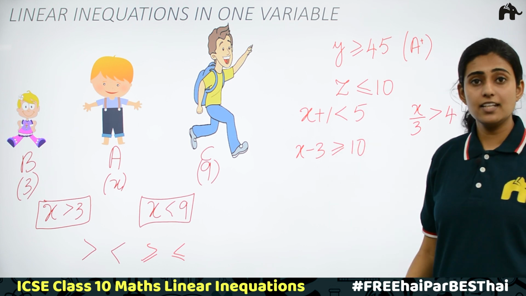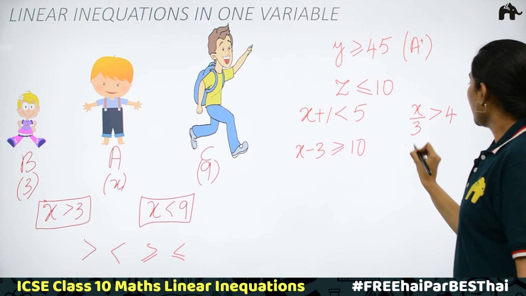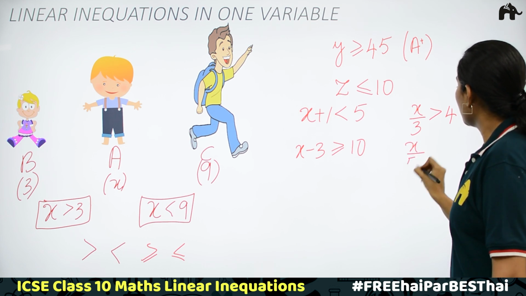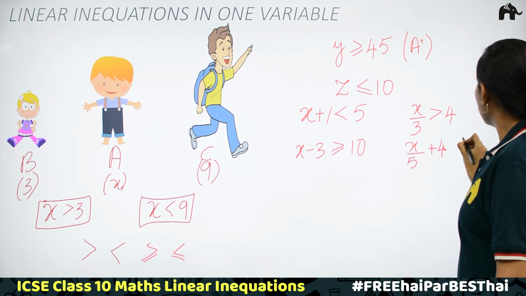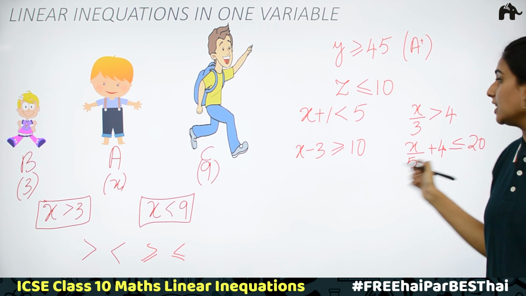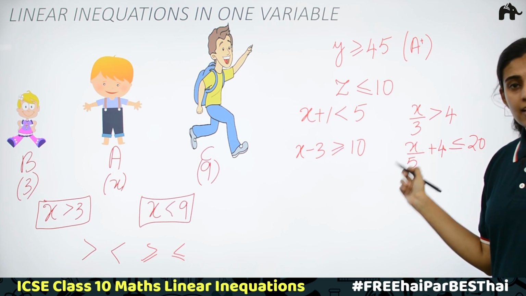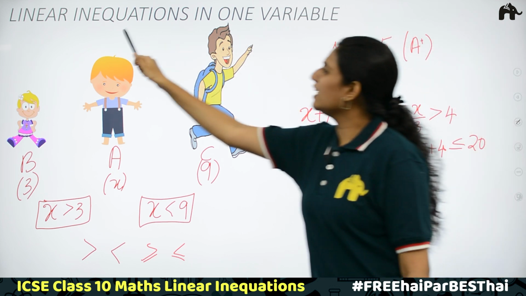This is again an inequation. I am using greater than or equal to. Then x by 5 plus 4 less than or equal to 20. This is also an inequation. The inequality that I used is less than or equal to. Clear?